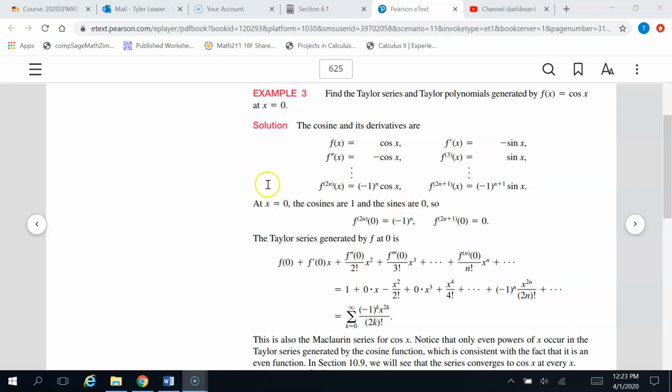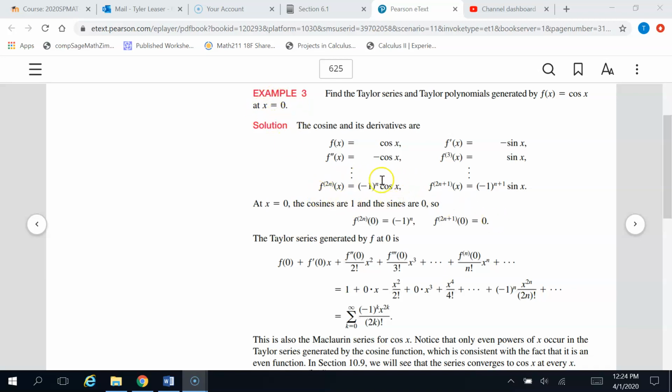And if n itself is even, it's positive, otherwise negative. Same thing's going on over here with sine. My odd derivatives, which is 2n plus 1, are always going to have a sine in them, and they also alternate positive, negative. Remember that we're plugging in our centering point 0 into these things.